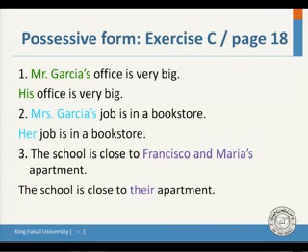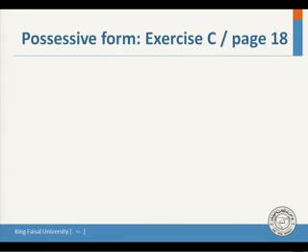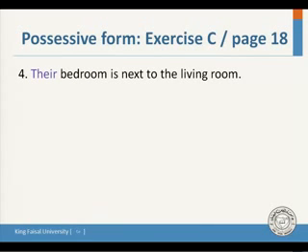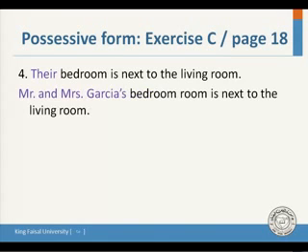Okay? Their apartment. The school is close to their apartment. Okay? Sentence 4. We will do the opposite. Now, you have the pronoun or the adjective there. What's the noun? Their bedroom is next to the living room. We're talking about Mr. and Mrs. Garcia's bedroom. Their bedroom.